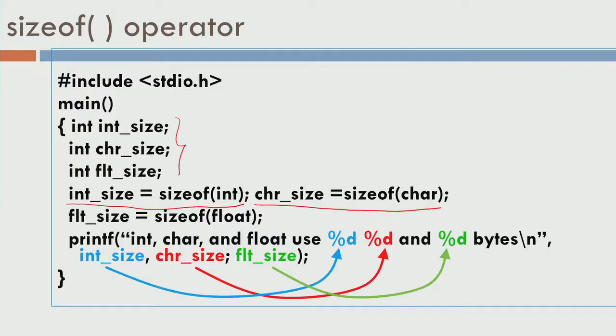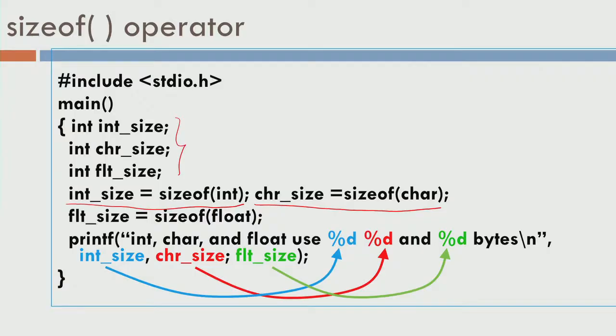So, if you say size of int, it is actually giving you the number of bytes that is used to represent an integer. Similarly, size of character will give you the number of bytes required to store a character, and size of float is going to give you the number of bytes for storing a floating point number and so on.